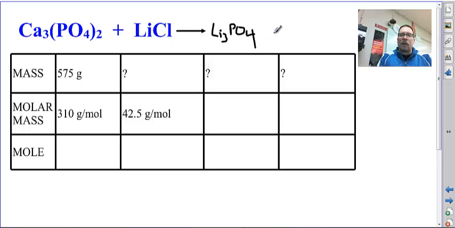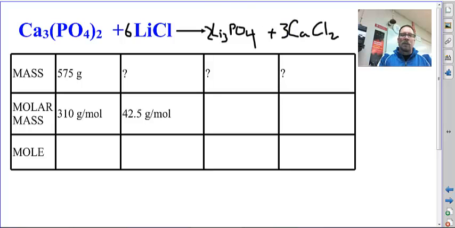The other product that's going to come out of this is calcium chloride. And then to balance with the appropriate coefficients, that's going to need a 6. This is going to need a 2. That's a 2 hiding in there. And this is going to need a 3.